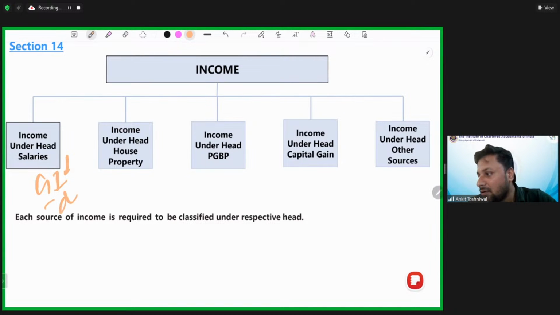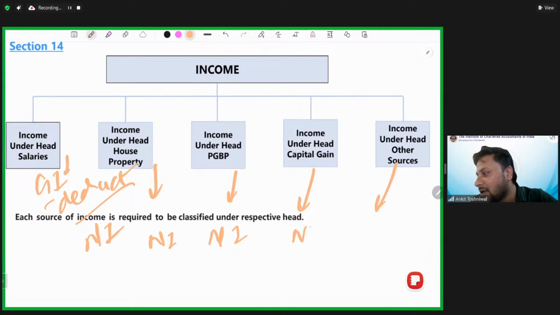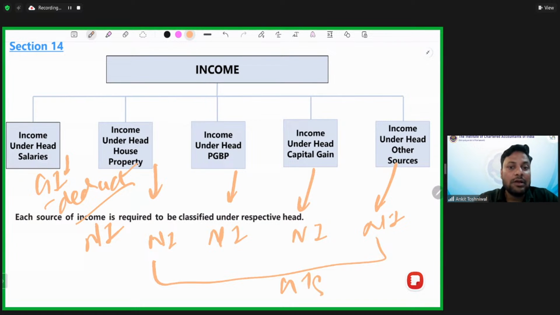Then we will deduct some deductions. Then we are able to get net income under the head salary. Similarly with house property, PGBP, capital gains and other sources. So we have to first calculate the net income under all the 5 heads. Then we will club it and we will get the GTI after adjustment of clubbing, set off and carry forward and set off, right? So if you see, in every head there are some deductions allowed.